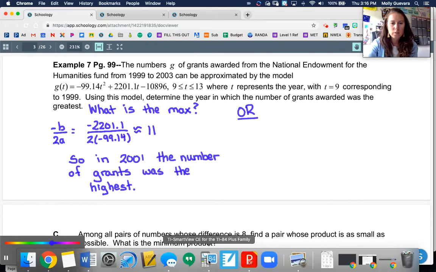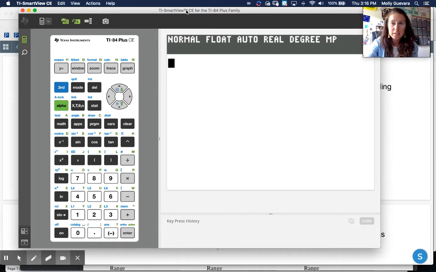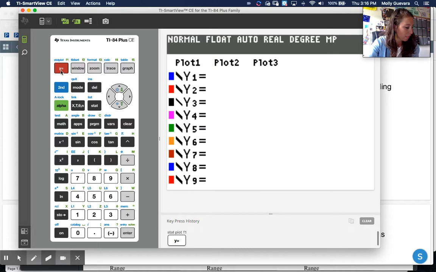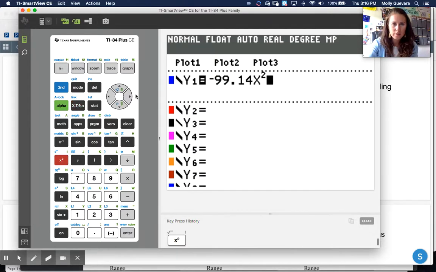So let's pull up the graphing calculator. So here's my graphing calculator. And I want to graph this so I can find the maximum value. So I'm going to go into y equals, and I'm going to graph my equation. So negative 99.14, and then t squared, we'll just do x squared instead, right?